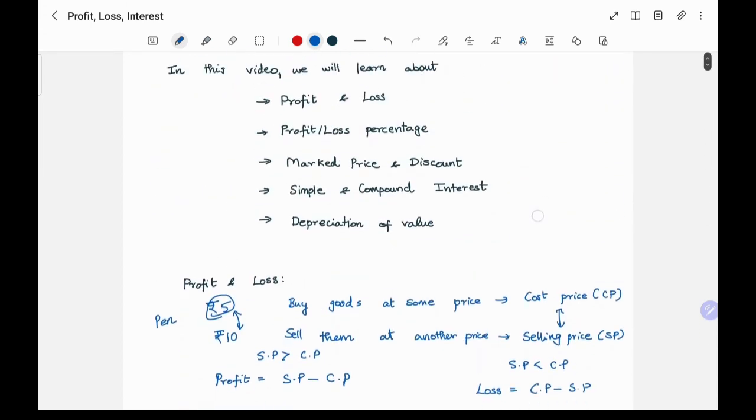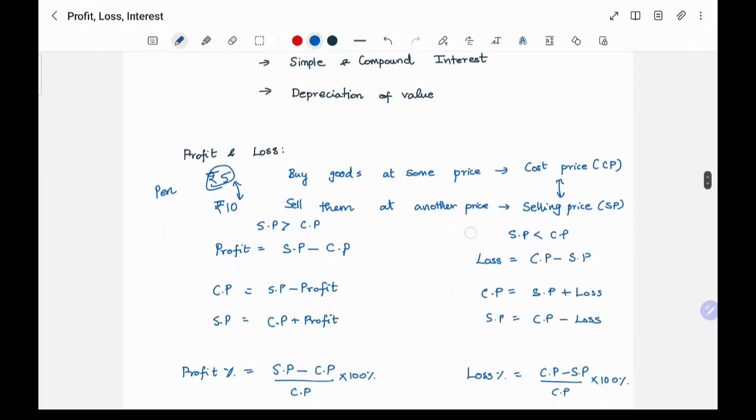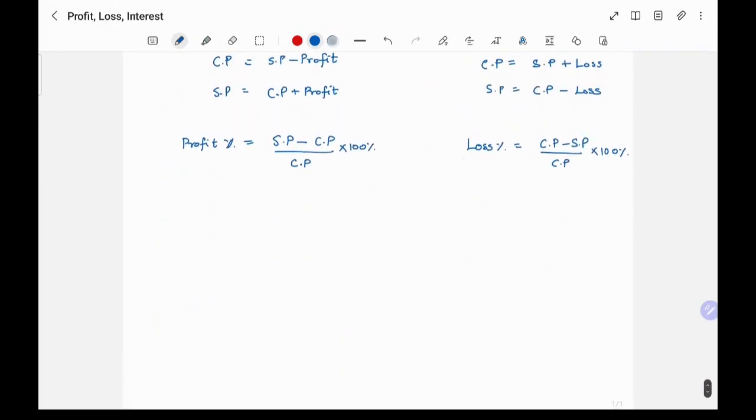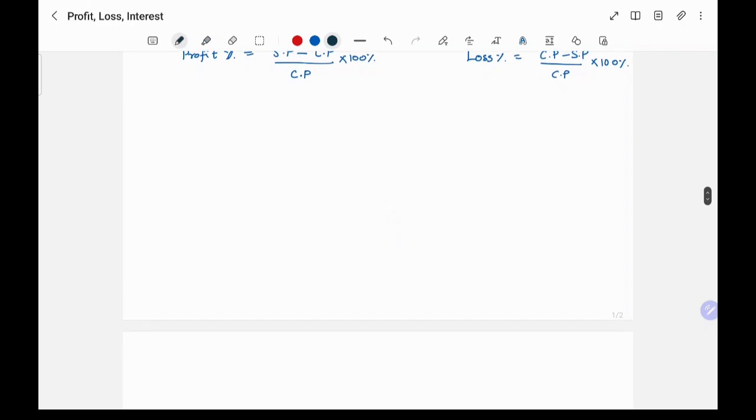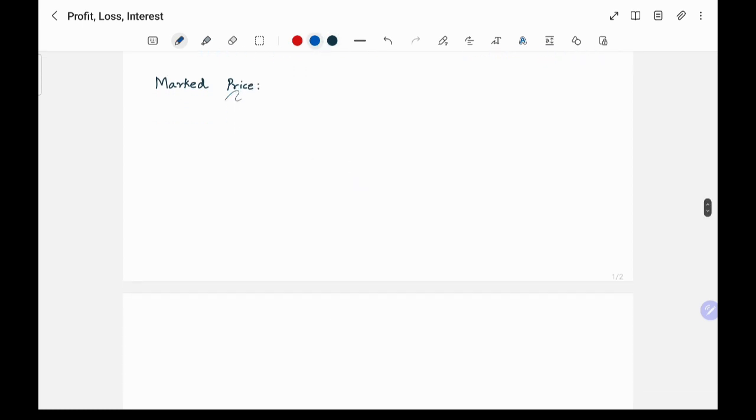Okay, so next we'll see about marked price and discount. Marked price. So if you go to a cloth shop, they would have put a price tag, right, saying this costs some 500?